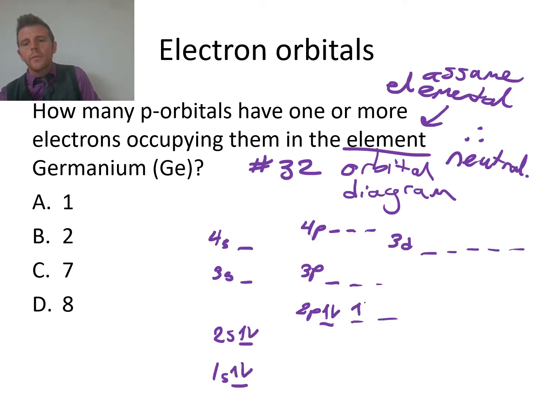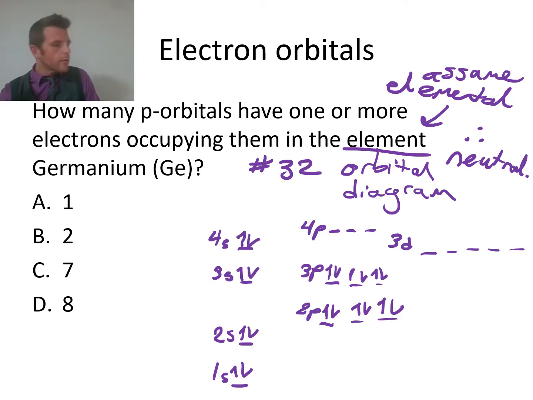I'm breaking a lot of rules that I'm going to insist you follow when you're drawing your orbital diagrams, and that's just for the sake of speeding this up. What are we in? We are in 4p2.